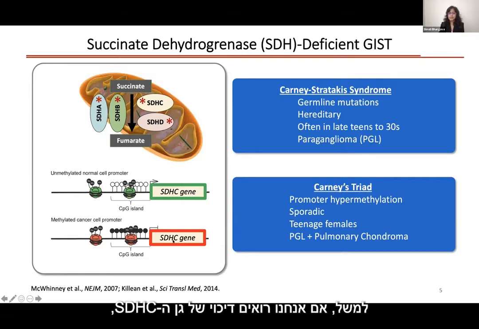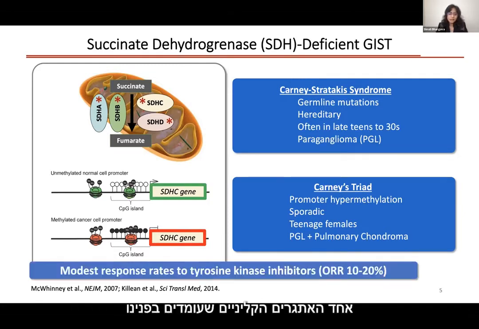So, for example, if the SDHC gene is repressed or the RNA expression is low, then the protein will not be there in the cell, making the complex fall apart, and then there will not be a functional SDH complex, leading to downstream changes, which are mitochondrial dysfunction, abnormal respiration, and thus a cascade of events that happen in the cell.